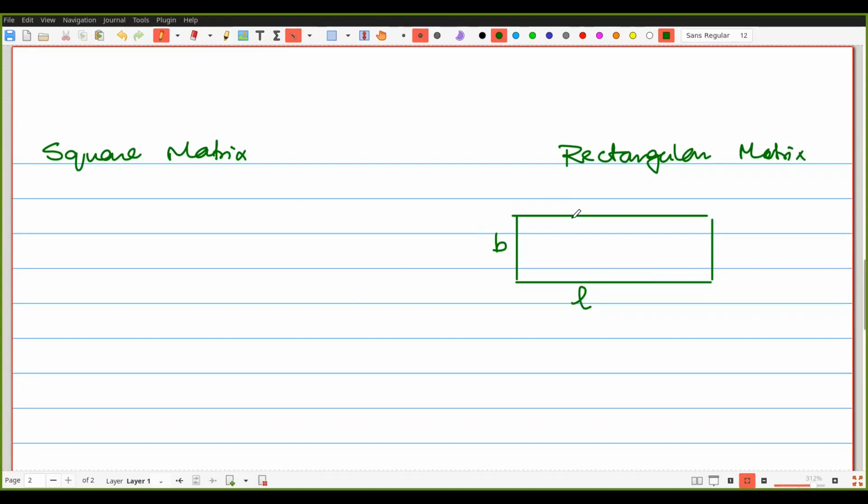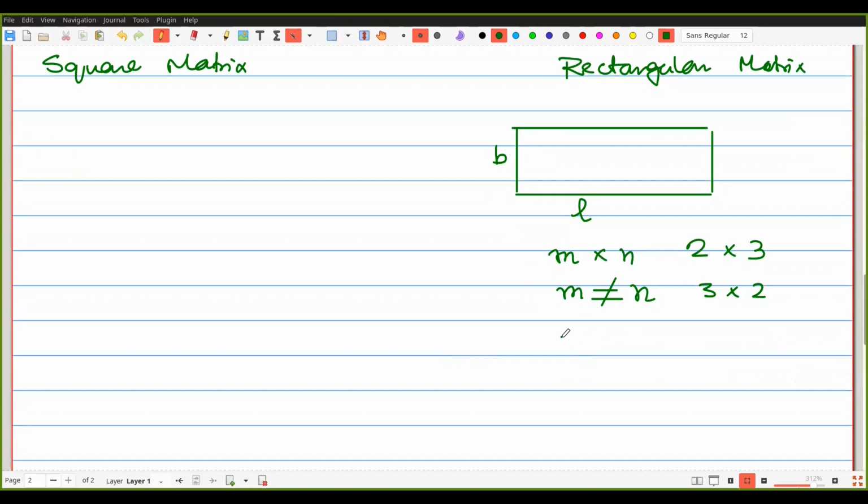So when we are proceeding with the rectangular matrix, that means the order m cross n, m is not equal to n. Suppose 2 cross 3, suppose 3 cross 2. So both are different. Suppose I am proceeding with the 2 cross 3 at first. So A11, A12, A13, A21, A22, A23.